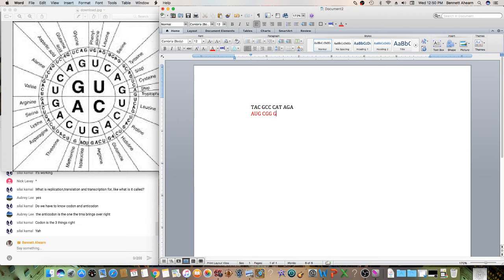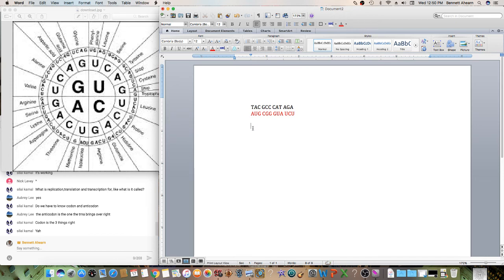C to G, A to U, T to A, our third codon. And A to U, G to C, A to U. There's our fourth codon. So here's our mRNA strand. Now we want to plug this into a ribosome to make our protein.